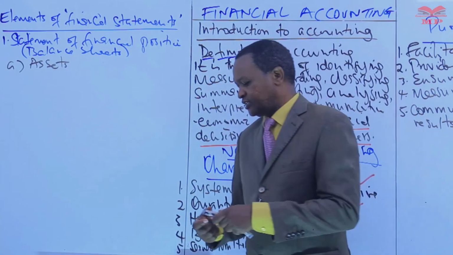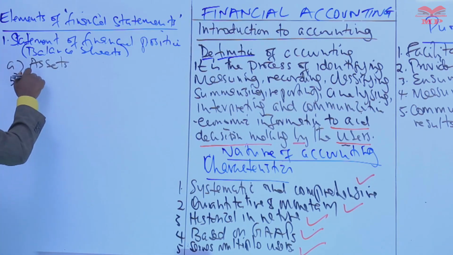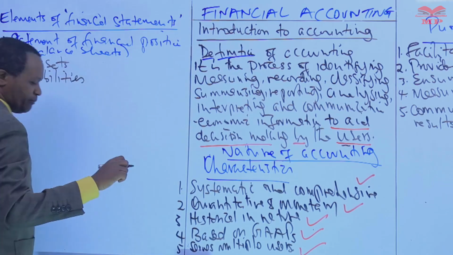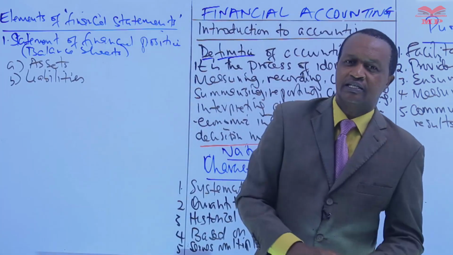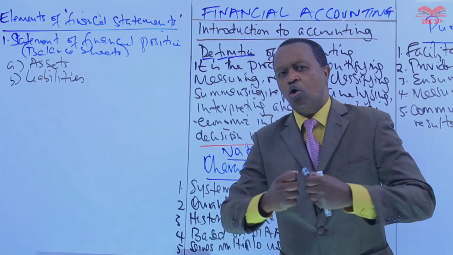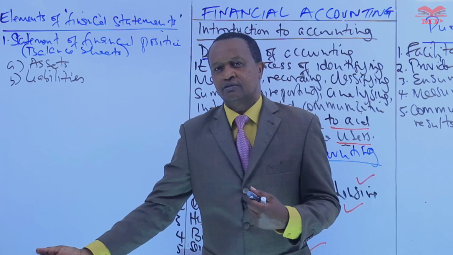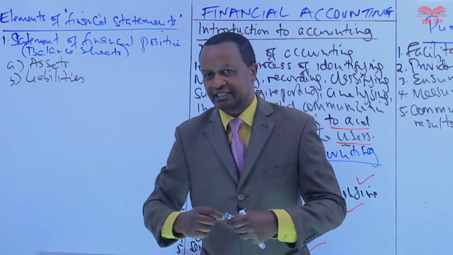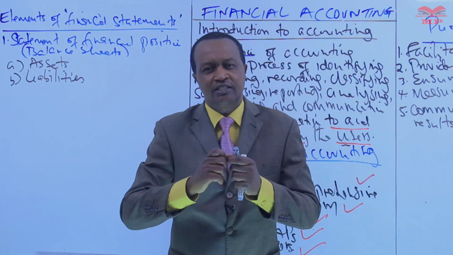The second element is liabilities. Now, liabilities are obligations or debts owed by an entity to external parties. So a liability is an obligation or debt owed by an entity to external parties.